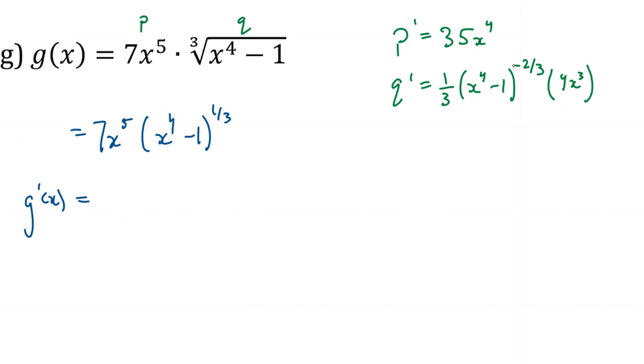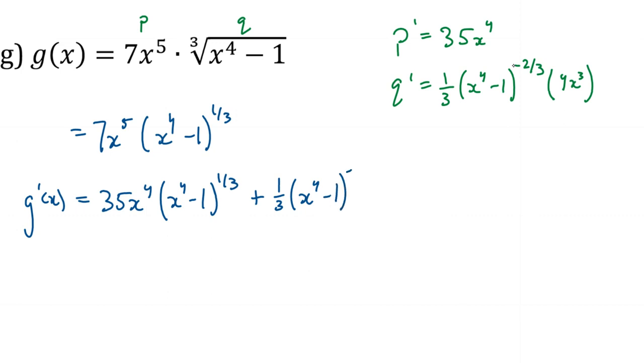Are you ready to go? Derivative of the first times the second plus derivative of the second, which is 1/3 x to the 4th minus 1 to the negative 2/3 times 4x to the 3 times the first thing.